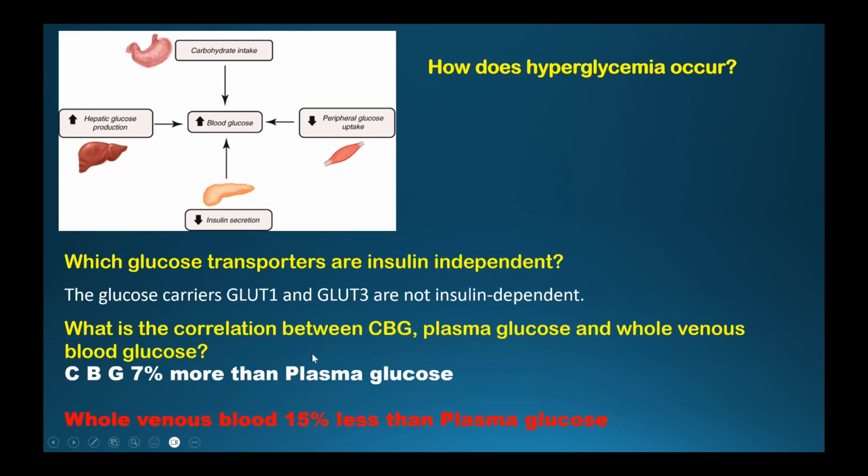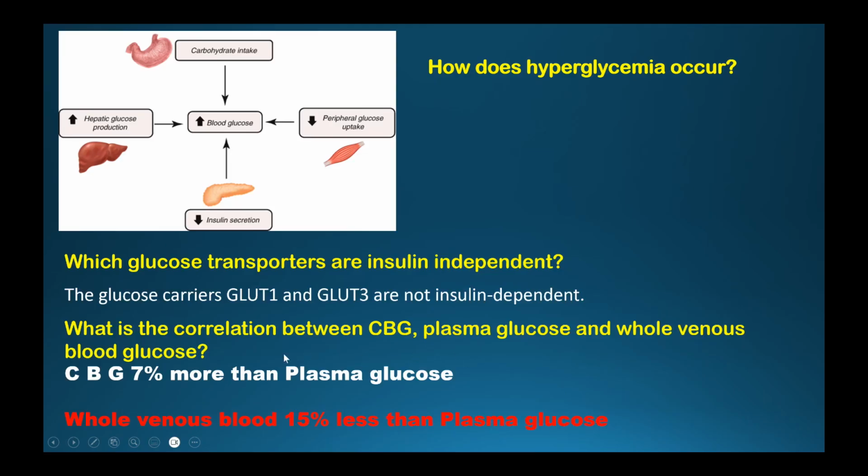So plasma glucose is the accurate one, because in whole venous blood, part of the glucose will be in the RBC. RBCs also can take up plasma glucose, other cells also will take up. So whole blood glucose will be 15% less than the plasma glucose.